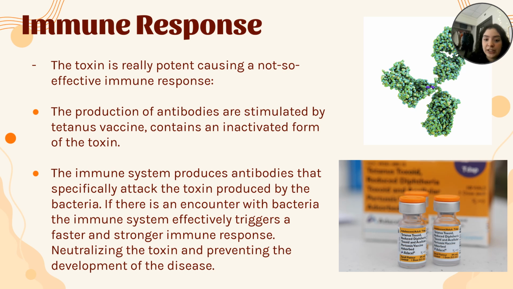And once they encounter the bacteria, the immune system effectively triggers a faster and stronger immune response, which causes the neutralization of the toxin and also prevents the disease from developing.